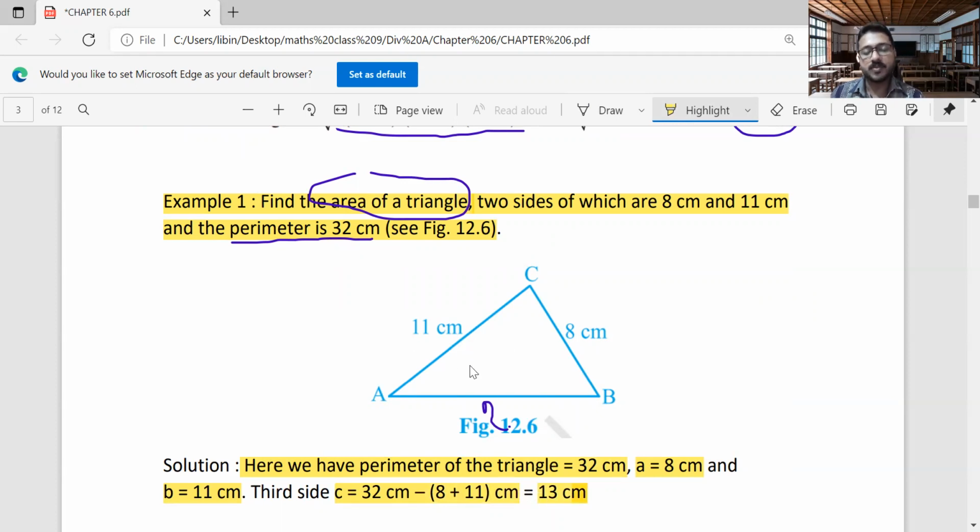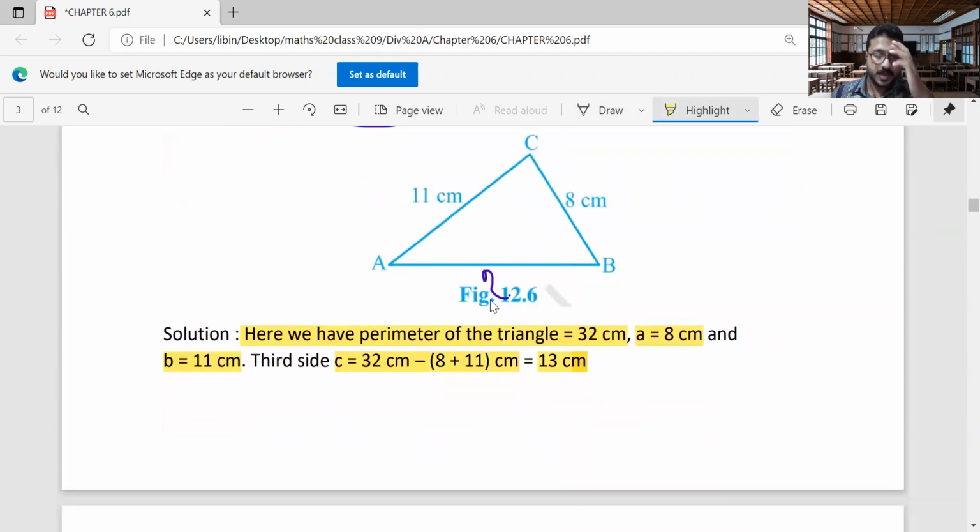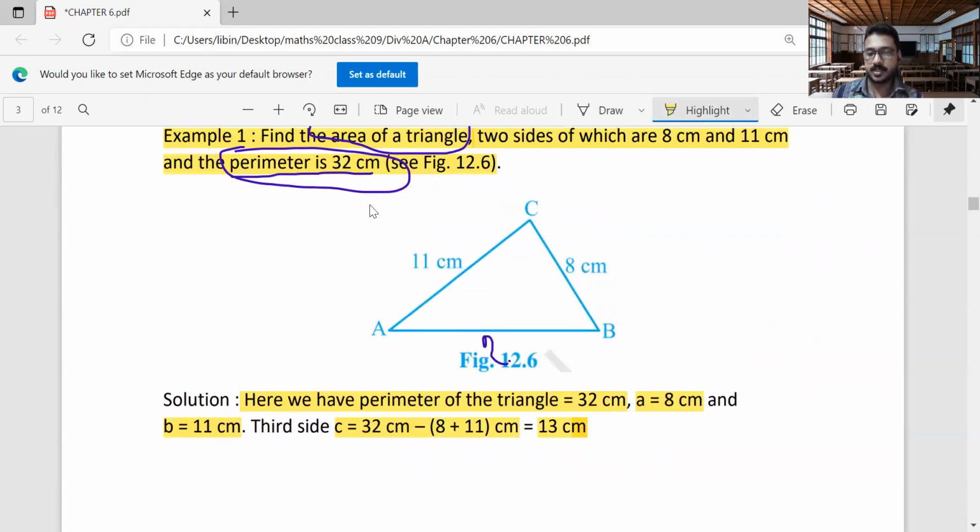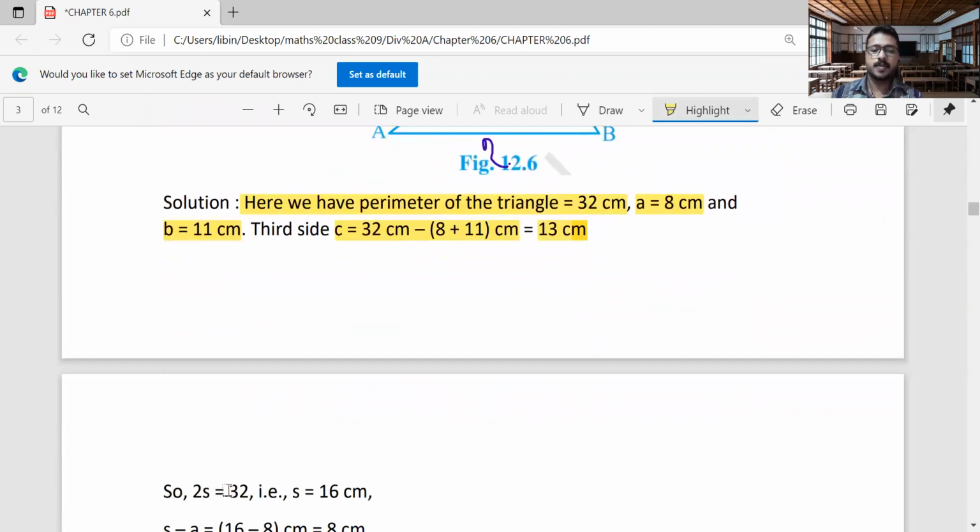So now we have found the third side also. Perimeter is also given to us, so we can easily find the semi-perimeter. So what is the semi-perimeter? It will be 16 centimeter.